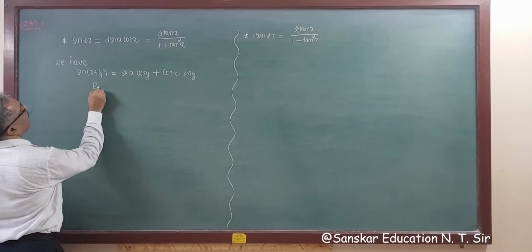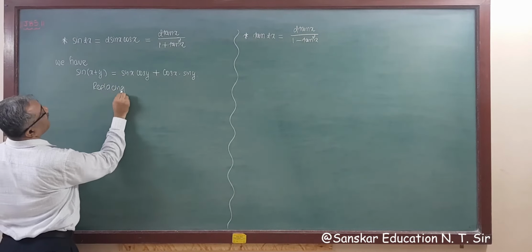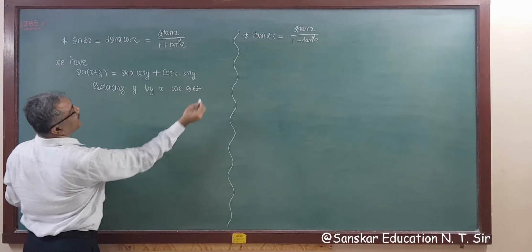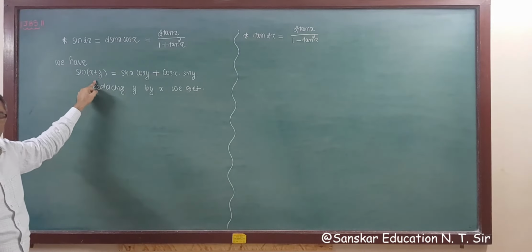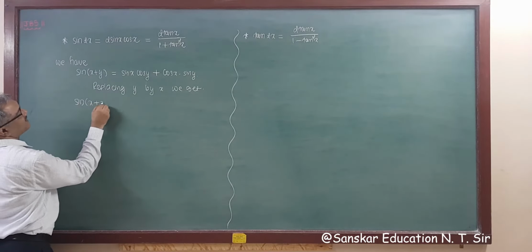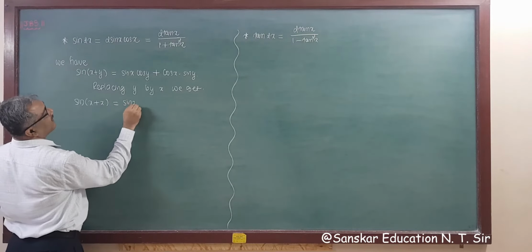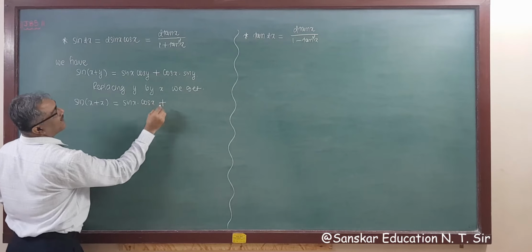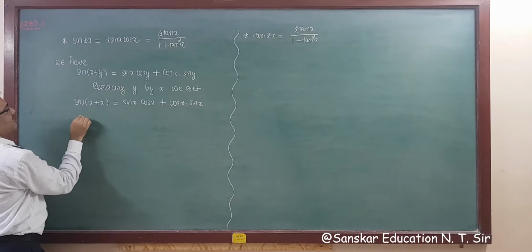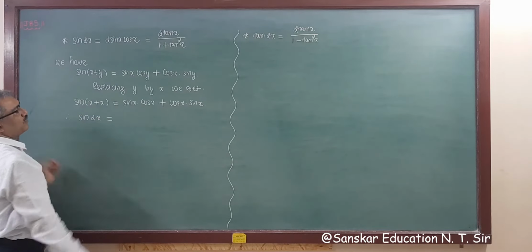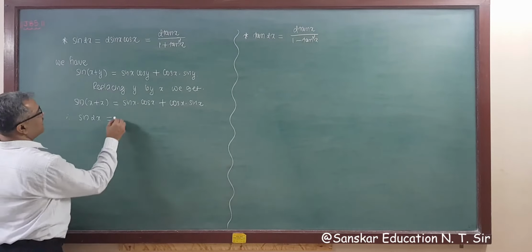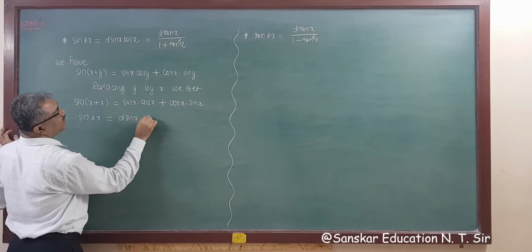So replacing y by x, writing x instead of y here and here also, we get sine x plus x is equal to sine x cos x plus cos x sine x, that is sine twice x is equal to 2 times sine x into cos x.